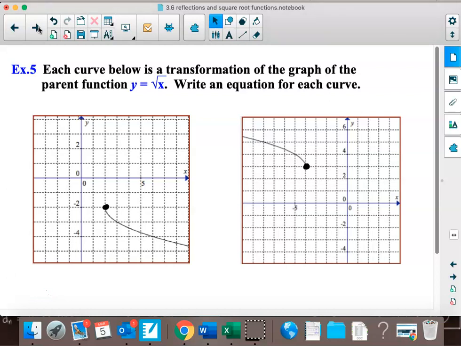You can either use Desmos or you can use a graphing calculator, but I want you to see if you can find the equation for each of these graphs. Both of these graphs involve both a translation and a reflection. So your job is to figure out, where does the negative go?